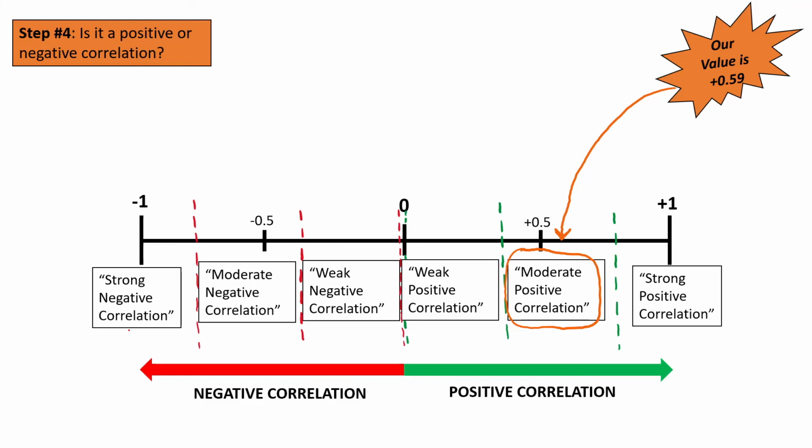If it's closer to 1, like the whole of 1, then we're looking at a strong positive. Okay? And the same thing works for the negative correlation. So if you're getting a negative figure at the end of your RS value, it's the same thing again here. It's weak, moderate, strong, but in this case it will be negative. Okay? But with our example, it's positive, so we're going for a moderate positive correlation.